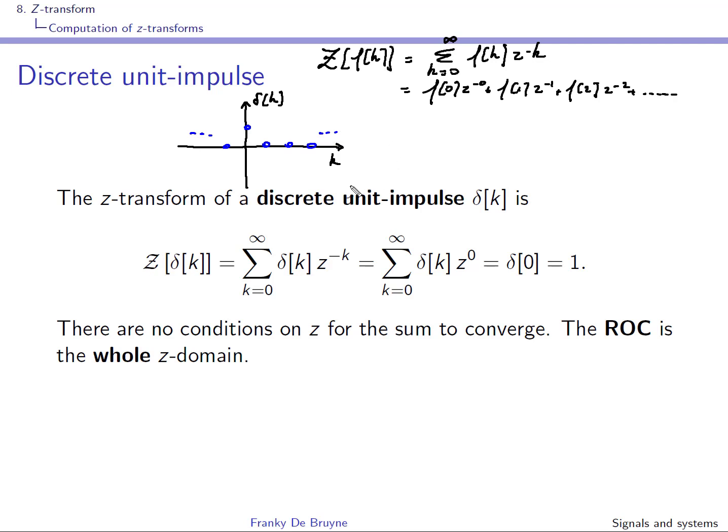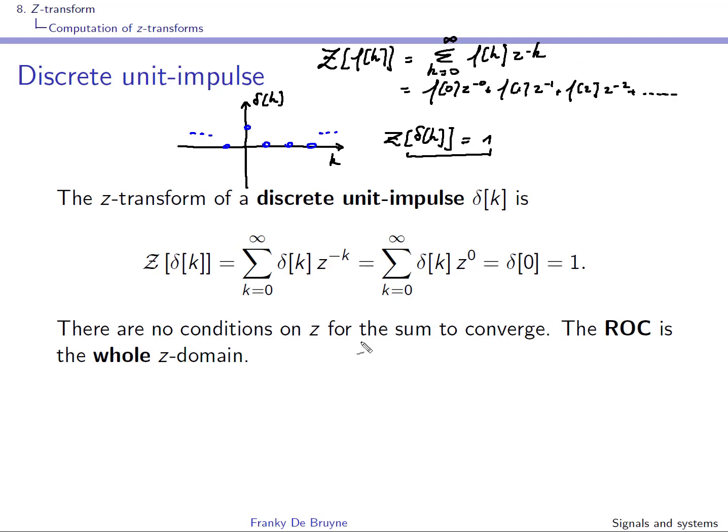So in this sum there will be only one term that is contributing, and it's the first, so it's immediate that the Z transform of the unit impulse is delta 0, which is 1, times z minus 0, 1 also, so it's kind of immediate.